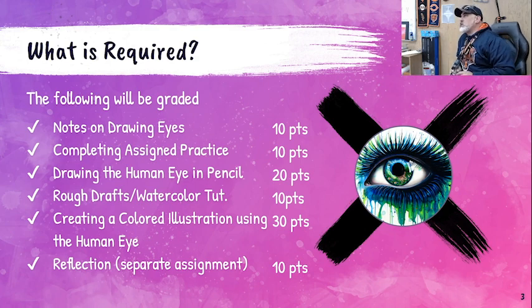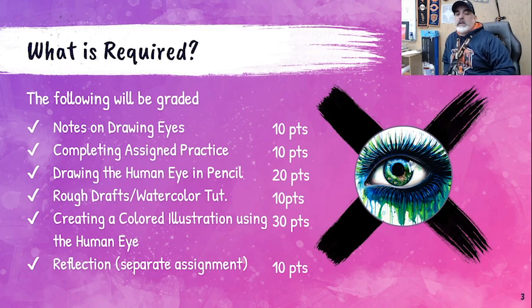So I'll be giving you a tutorial on watercolor, and you're going to turn that in with your rough drafts for credit. Creating a colored illustration using the human eye, that's going to be your final for the unit. And reflection, which you're going to answer 2 questions. This is going to be a total of 20, 40, 50, 80, 90 points for this unit, and you can see the point values listed.